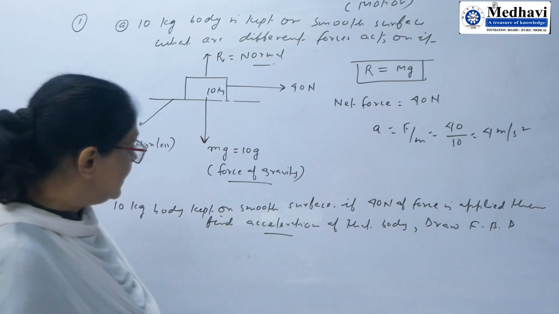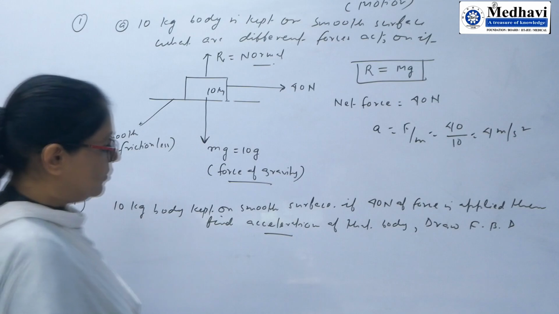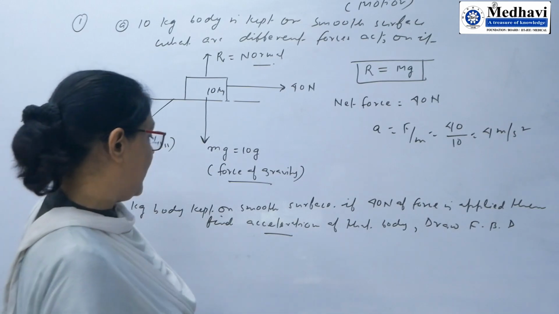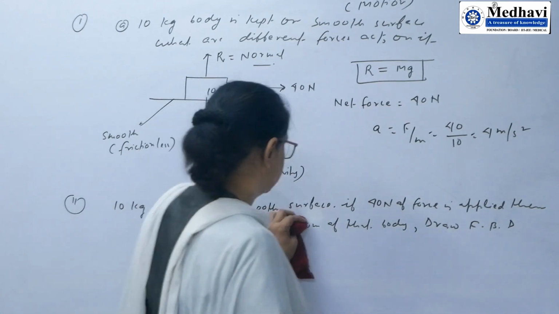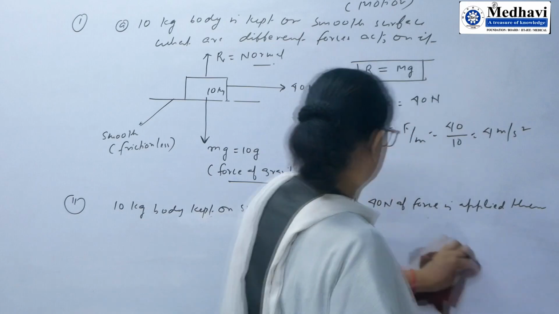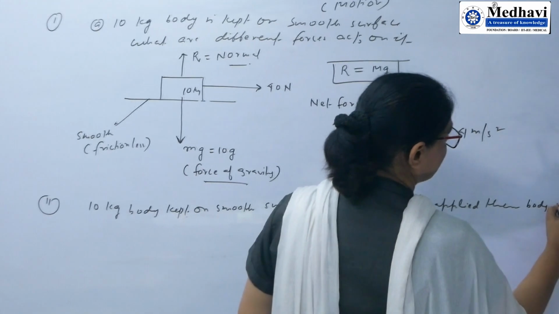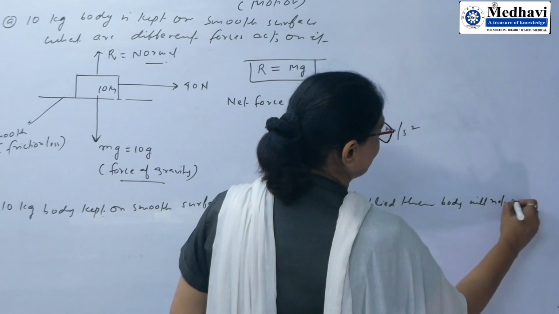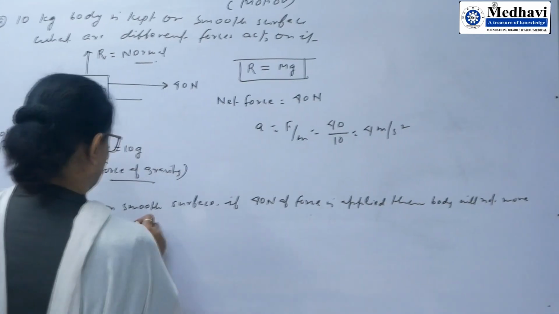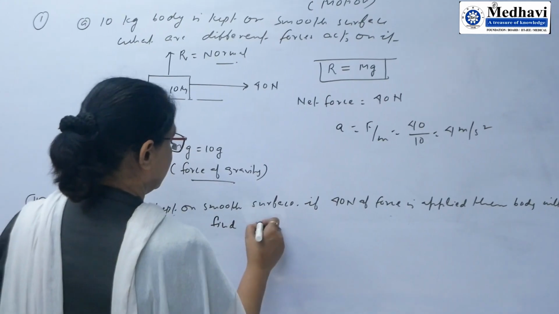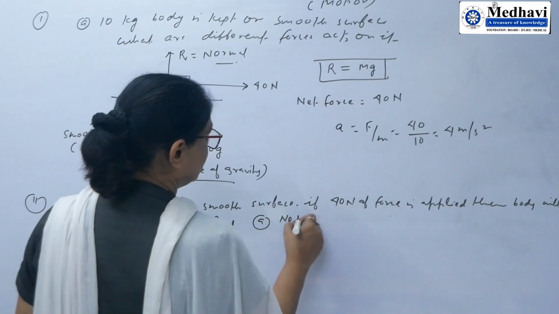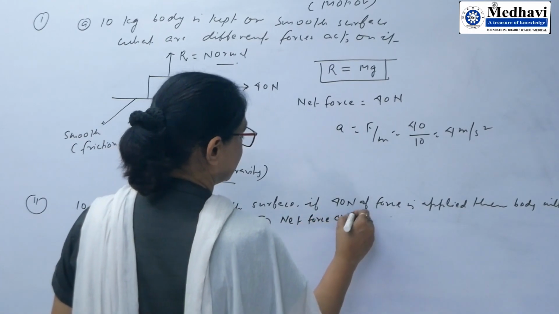In the third case, a body is kept on a smooth surface. If 40 Newton of force is applied, then the body will not move. Find the net force on the body.